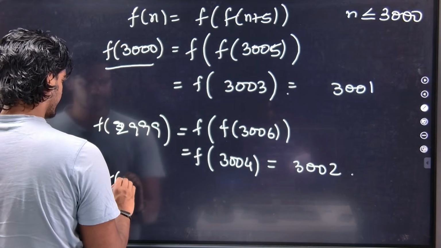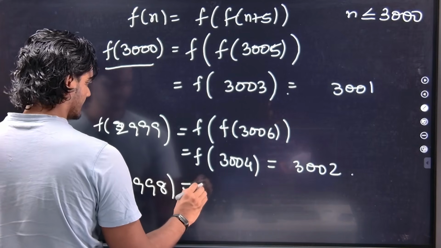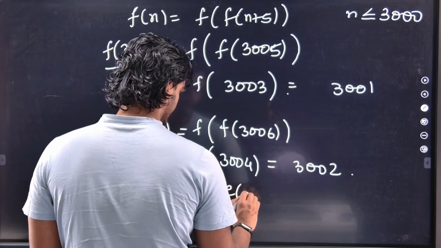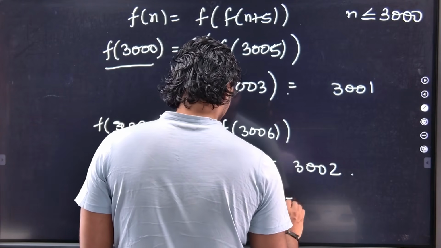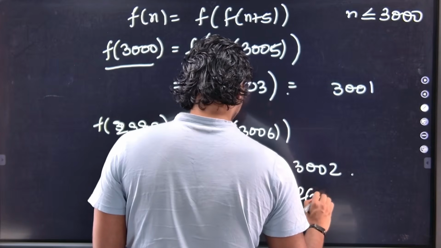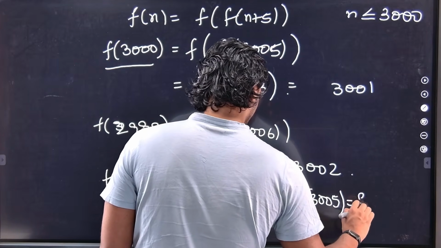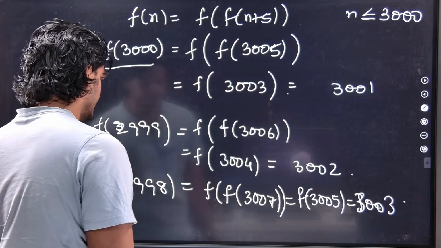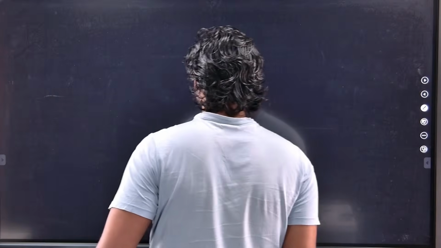What is f of 2998? That will be f of 3007, which is f of 3005, which is 3003. All right. If I go further down, I'm guessing something interesting should happen.